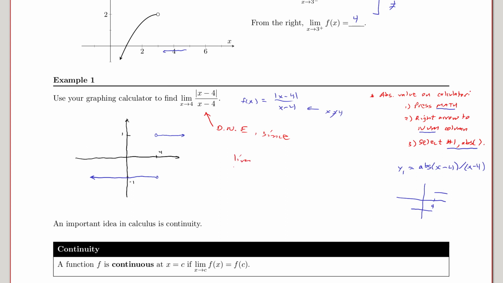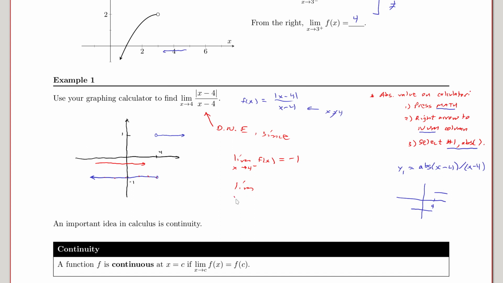the limit as x approaches 4 from the left of our function f of x, well, what's that? As we squeeze in from the left-hand side towards 4, your function stays at a height of -1.